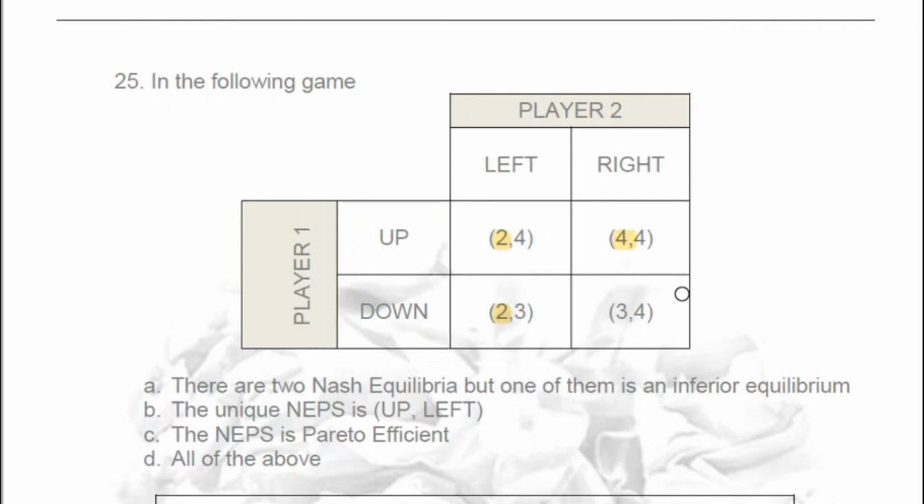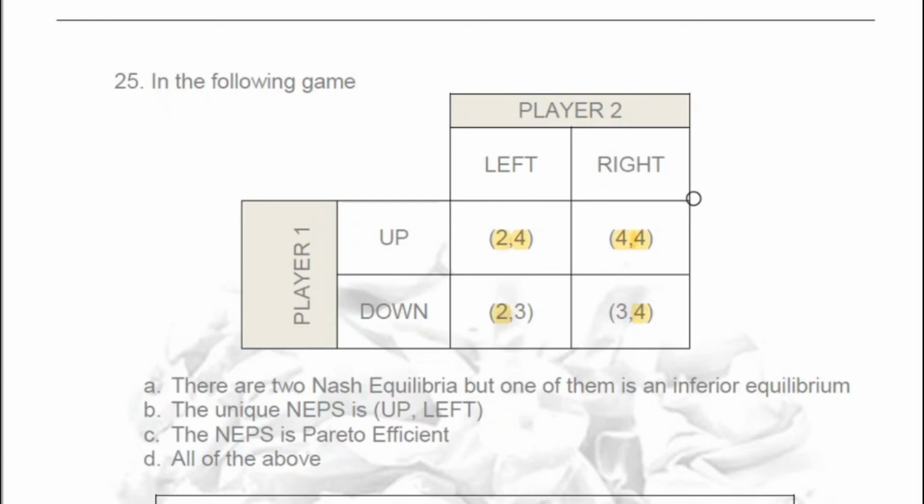Now, if I'm player 2 and I think that player 1 will choose up, I could choose left or right, because in either possibility I would win the same. I mark both of them. If I think that player 1 will choose down, I should choose right and win 4.